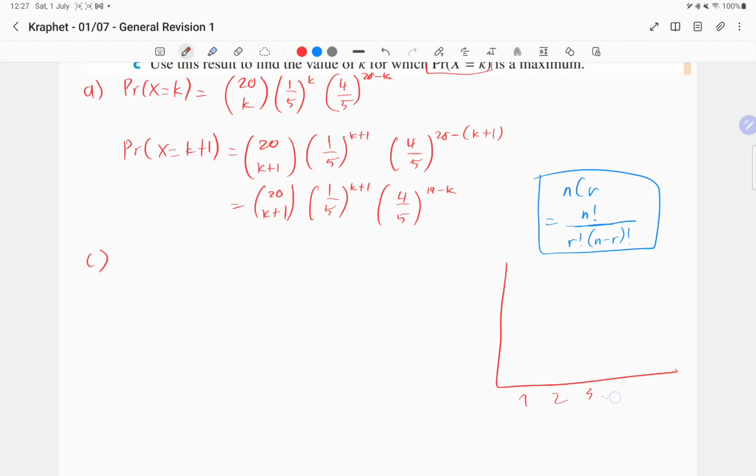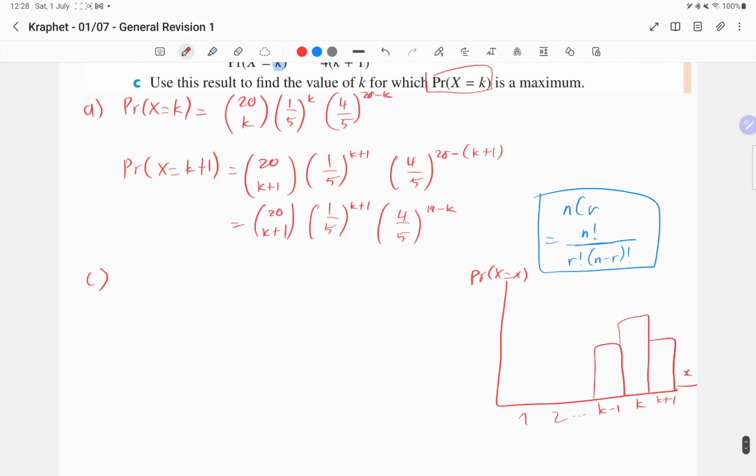So 1, 2, 3 all the way to, let's say, k minus 1 and then k plus 1. Okay. So imagine the height of the bar is the probability, right? So the height is the probability that x equals to whatever that value, and these are the possible x values. So you want a value of k so that PR x equals k is a maximum.